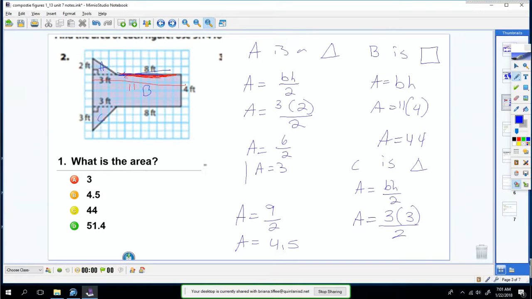So now you have 3 different areas. I always like to box them in so you don't lose them. So to find the area of the full figure, you have to add all 3 areas together. When you add all 3 areas together, you should get 51.5, which is your answer.